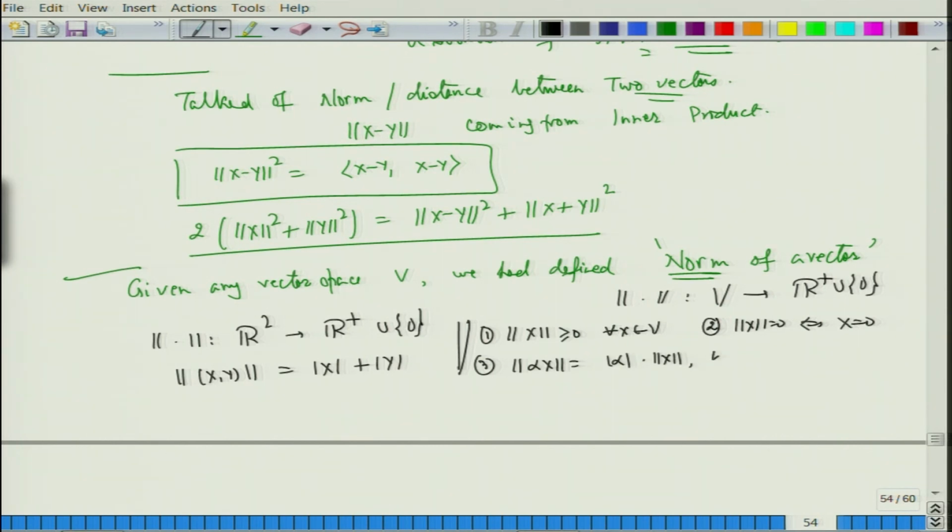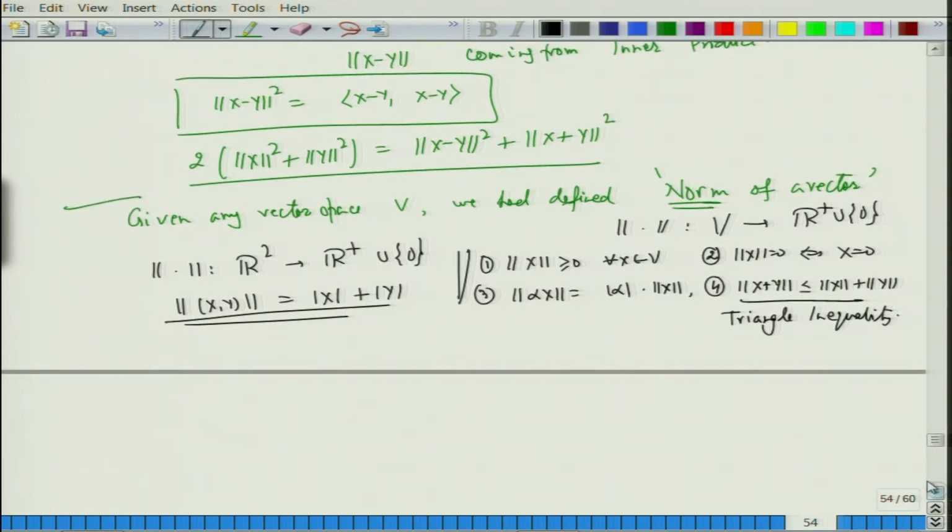And the fourth one was norm of x plus y less than or equal to norm of x plus norm of y, the triangle inequality. So I had all these things with me, and I would like you to check that all of these are satisfied.